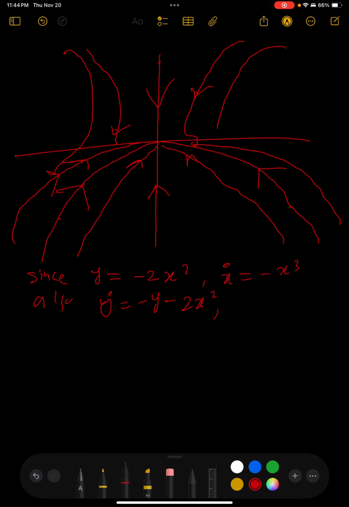This will join and then it will go. So the solution will always follow the stable manifold. That's where we can see that every solution is moving towards the origin, so it is stable.